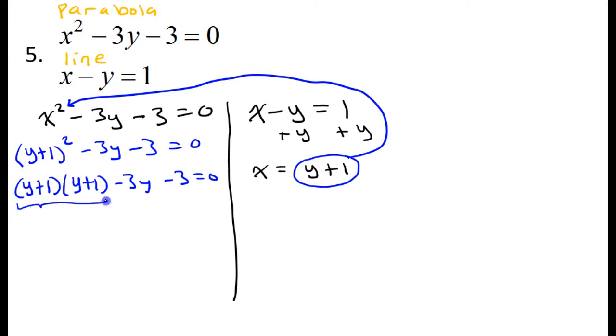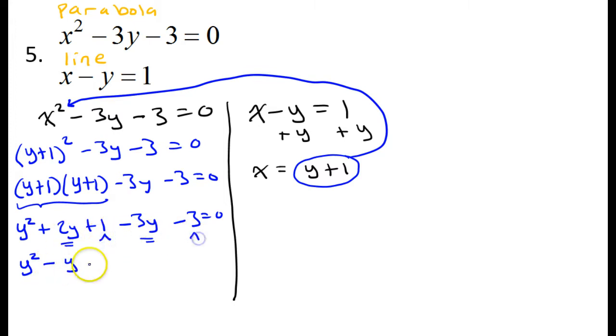I'm going to multiply these binomials together, and I will get y squared plus 2y plus 1 minus 3y minus 3 is equal to 0. These are like terms. So I now have y squared minus y, put those together. These are like terms as well, so that's minus 2 is equal to 0.